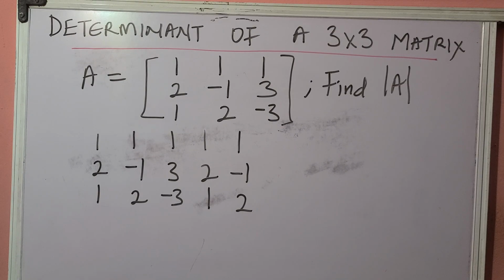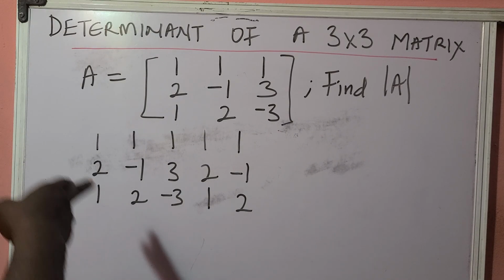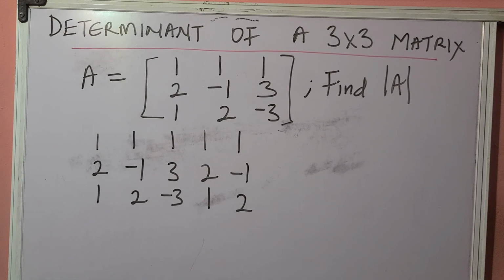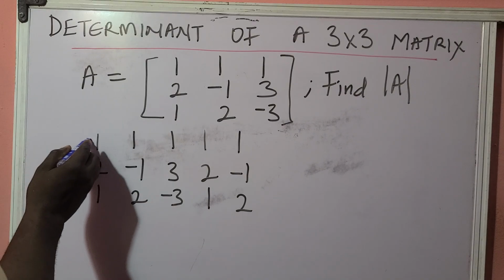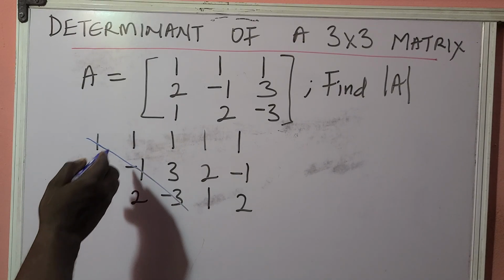What we have to do next is we're going to bring out the leading diagonals. I've always told you that the leading diagonals always stem from the top left to the bottom right. So this is one of our leading diagonals for this particular matrix.